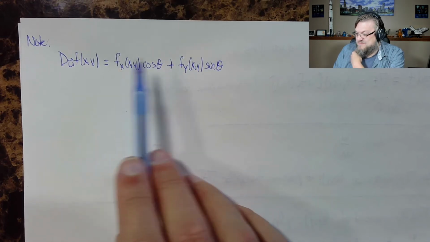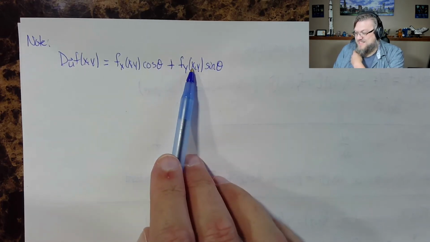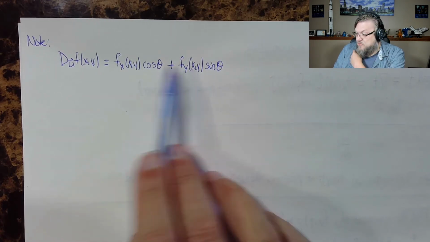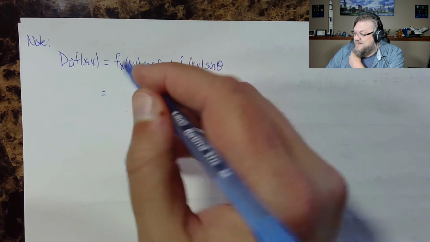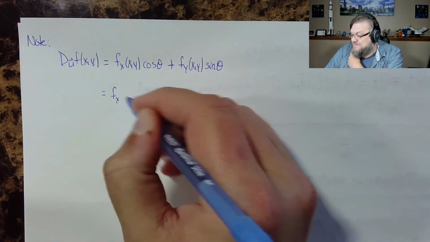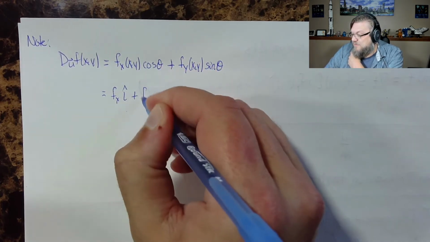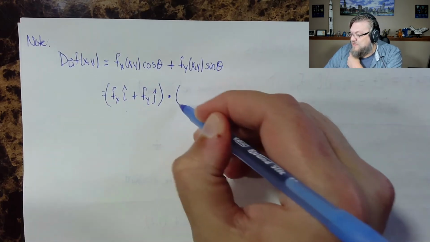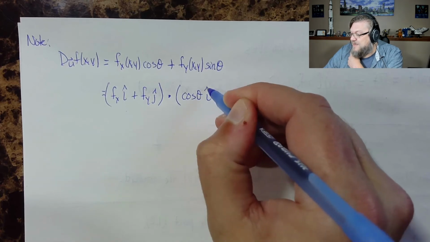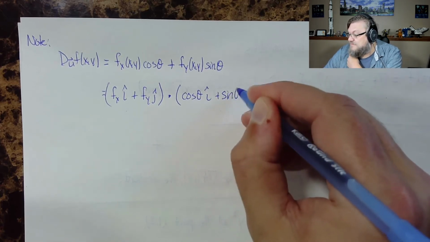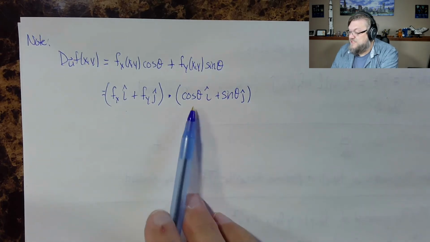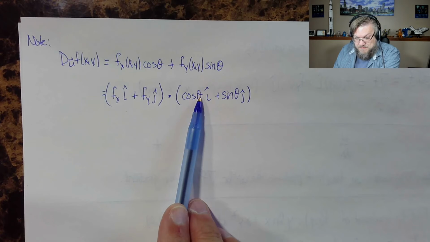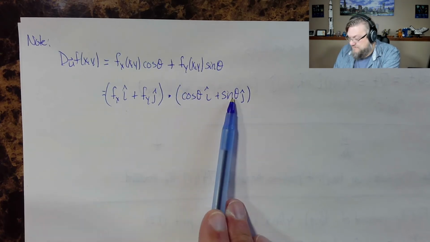Notice how it's like something times something plus something times something, right? Now, all that would have to match up are these components, right? So check this out. If I think of this as fx i plus fy j and dot that vector with cosine theta i plus sine theta j, do you see how that's the dot product, isn't it, right? So it's this times this plus this times that.